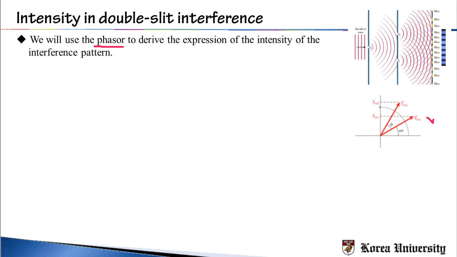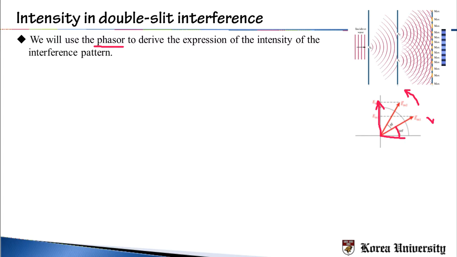These arrows, just like vectors, rotate counterclockwise as time passes, and what we actually observe as a wave is the component projected on the vertical axis, which corresponds to the sine component of this phasor, with this angle being the phase angle.